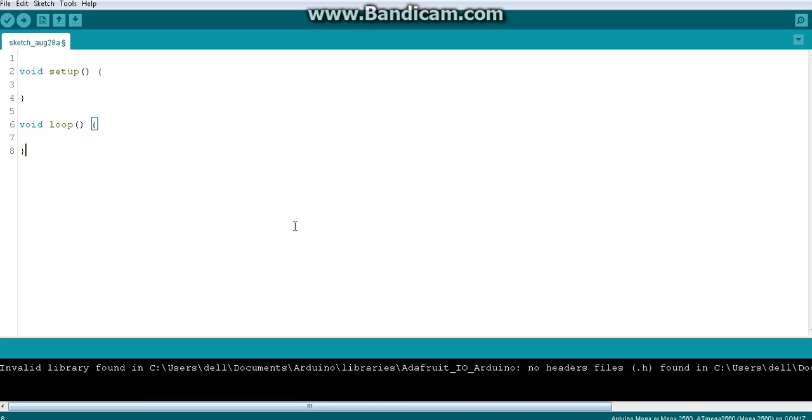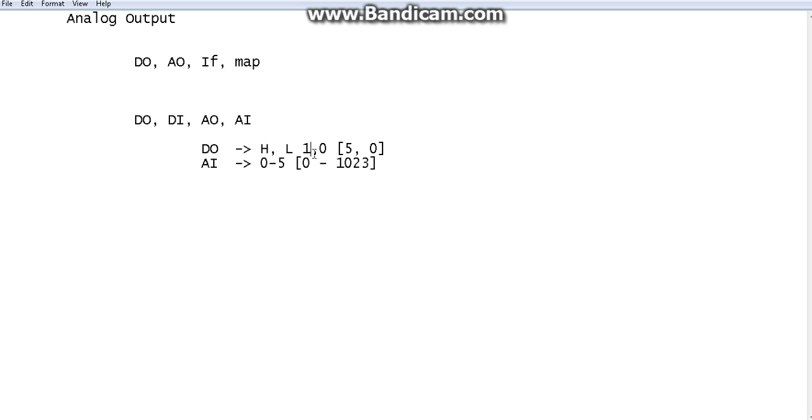So if analog input is taking 0 to 5 voltages from a source, then what can be analog output? Same thing, right? Giving 0 to 5 voltage externally, outside from the Arduino, that's all.